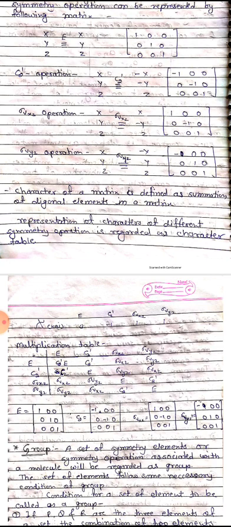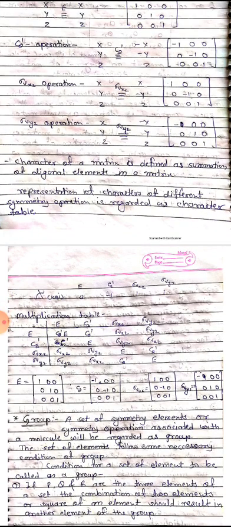Similarly, character of sigma v xz operation is 1 only. Similarly, character of sigma v yz is 1 only. As the summation of 3 diagonal elements is 1 in sigma plane symmetry, and rotational operation has character -1.